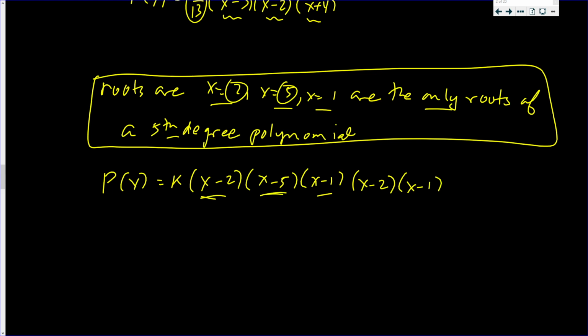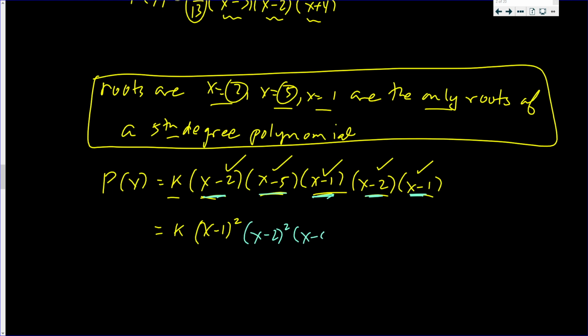The only zeros of this polynomial are 2, 1, and 5. Another way of writing this is you have x minus 1 being multiplied by itself 2 times, and you have x minus 2 being multiplied by itself 2 times, and lastly, x minus 5 with an understood 1. Notice that these exponents add up to 5.